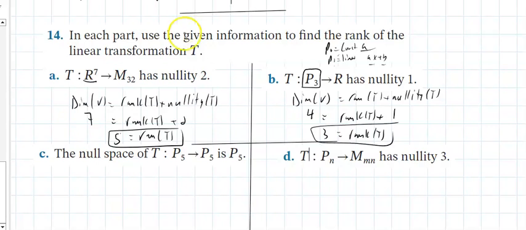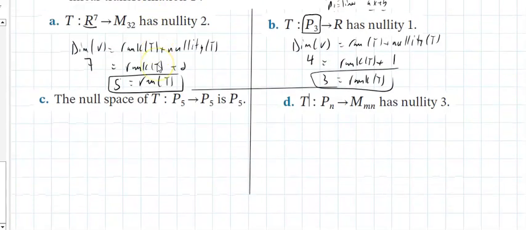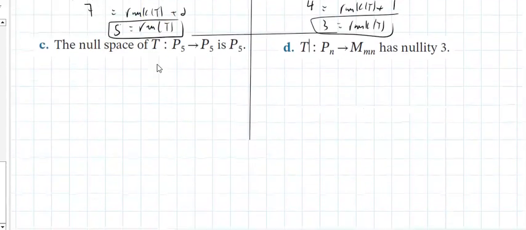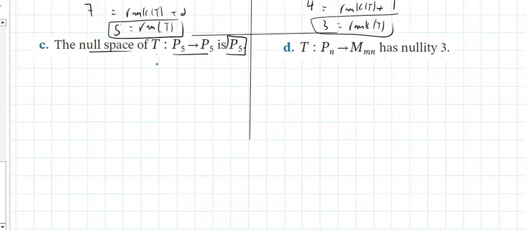And continuing on. Now, if I tell you that the null space of T from the 5th degree polynomials is the 5th degree polynomials, so the nullity of T is 6.